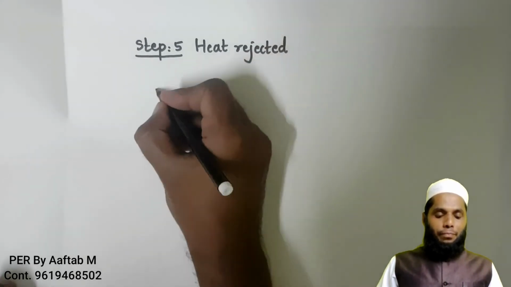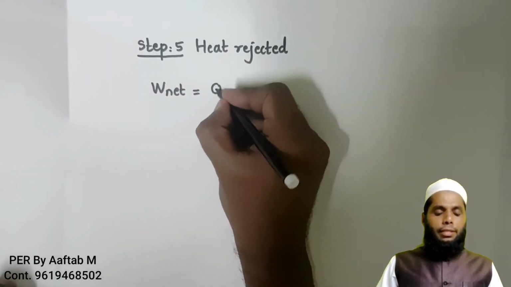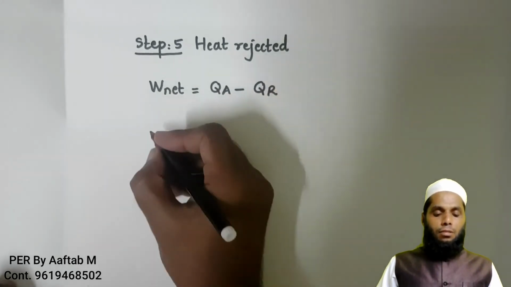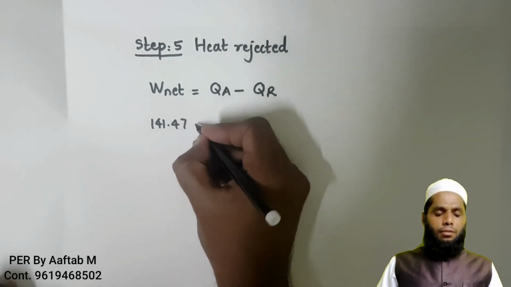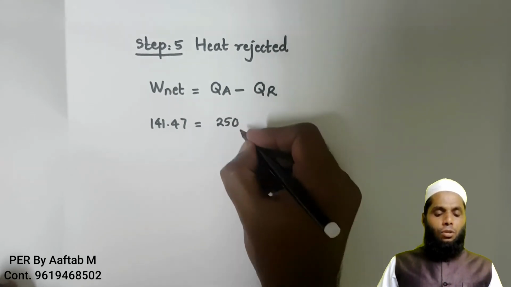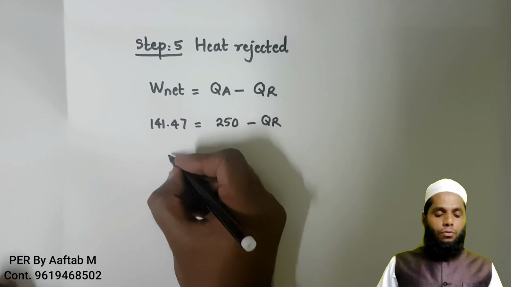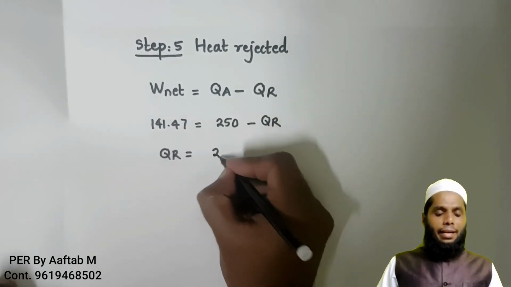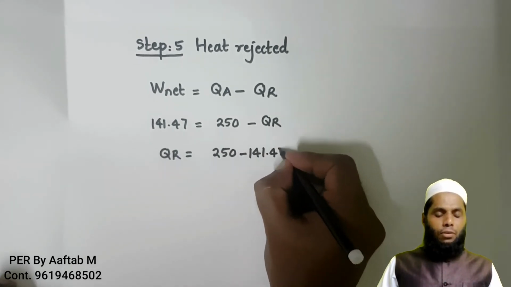And last, step number 5, to determine the heat rejected by the system. For this we will take the relation of net work done, QA minus QR. Net work done we have 141.47, then heat added already given 250 kilojoule minus QR.